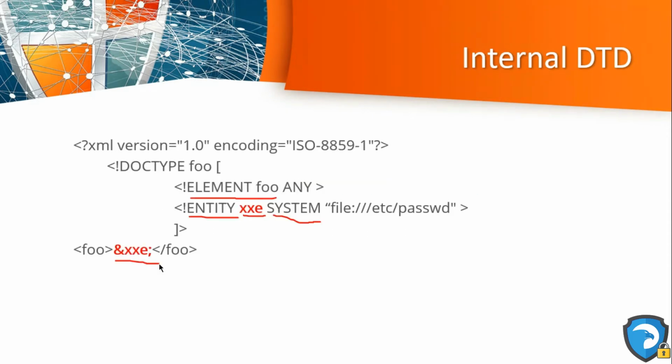Meaning XML is referencing the /etc/passwd file, and in the foo tag we reference it with &xxe;. So the xxe variable is calling the internal entity, system file /etc/passwd. This is the simple example to understand internal DTD or internal entity.